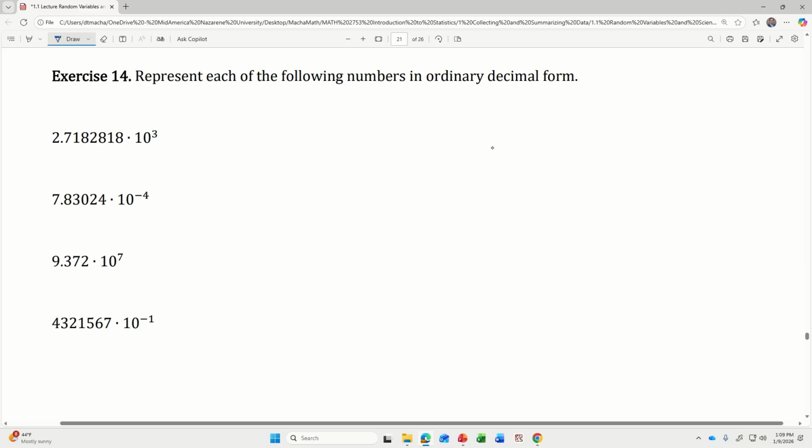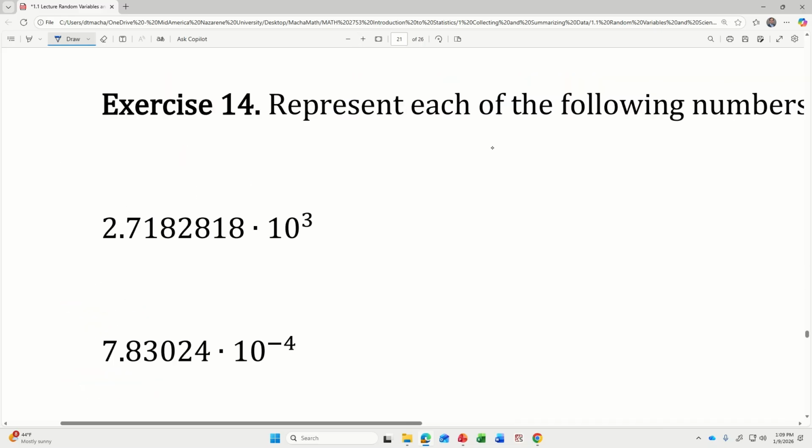So we go the other direction and say, now I've got numbers in scientific notation. How do I put them in ordinary decimal form? If I see 10 to the third power, that means I need to move the decimal 1, 2, 3 places to the right to get 2,718.2818.